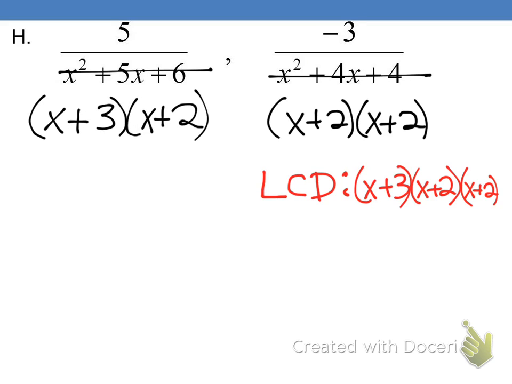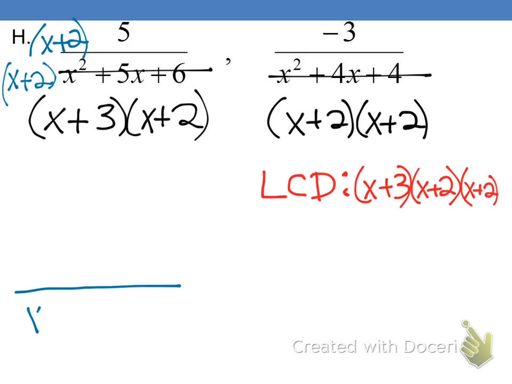Okay? So, what are we missing in our first expression on the denominator? An x plus 2. So I need to multiply the top by x plus 2. This time I'm actually not going to write it out.